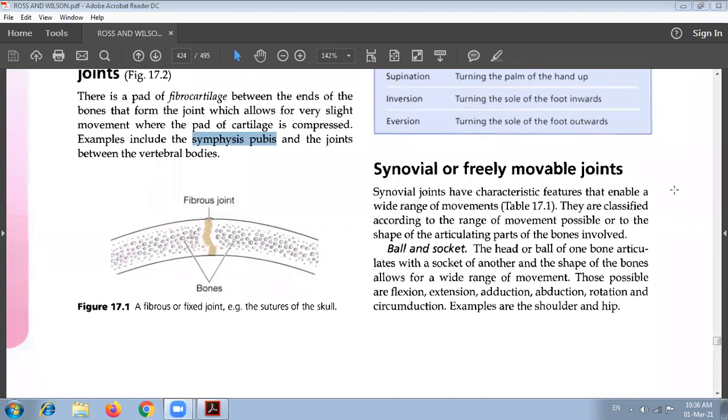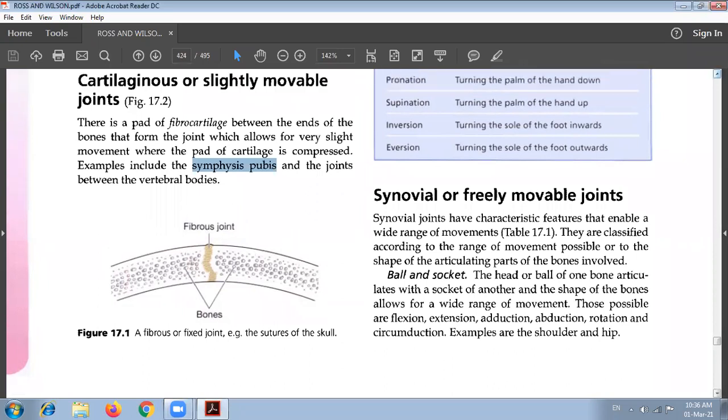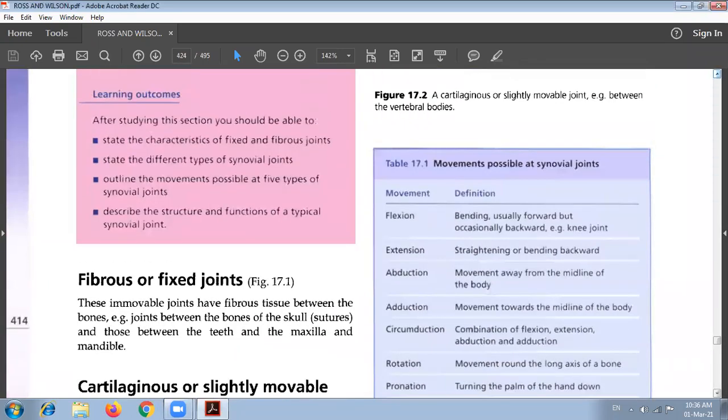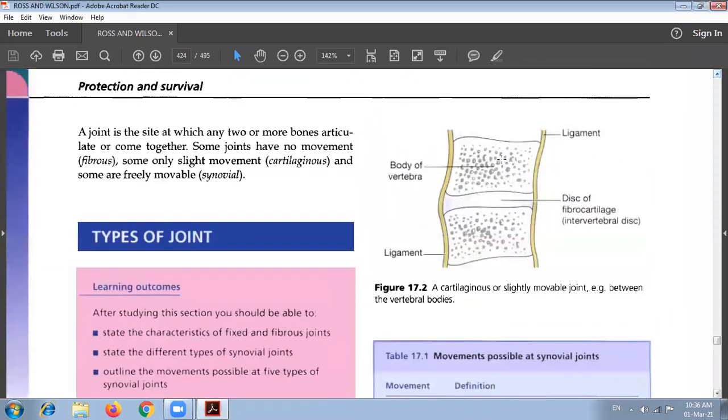The next is the cartilaginous joint. These are the vertebrae of our vertebral column, and between these vertebrae there is a disc of fibrocartilage. This disc of fibrocartilage is called the intervertebral disc, and these bones are joined together with this fibrocartilage, having a slight movement that gives the flexibility of our backbone.